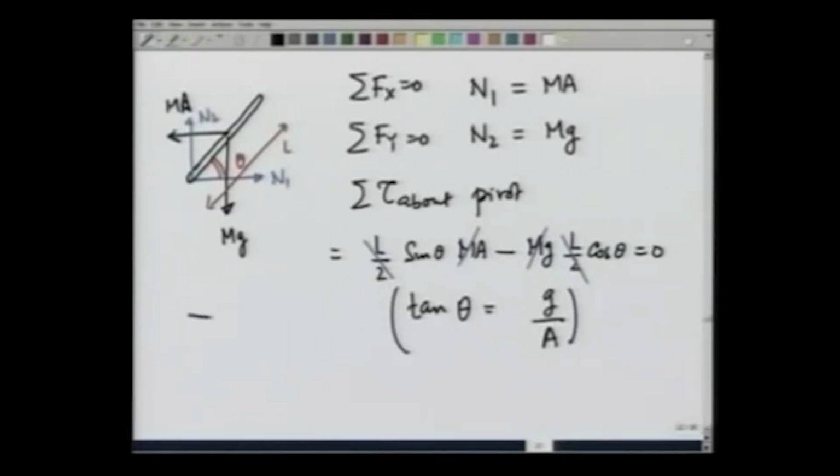Recall earlier I had told you, if there is an acceleration and there is g, then the effective gravitational field is this one, the sum total of the two, at this angle, which is tangent theta equals g over a.